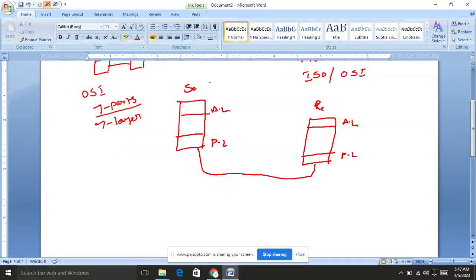The user interacts only with the application layer, either at the sender or at the receiver. At the sender side, the user submits his data to the application layer, and one after another, transformations are carried out on the data. Finally the data reaches the physical layer.